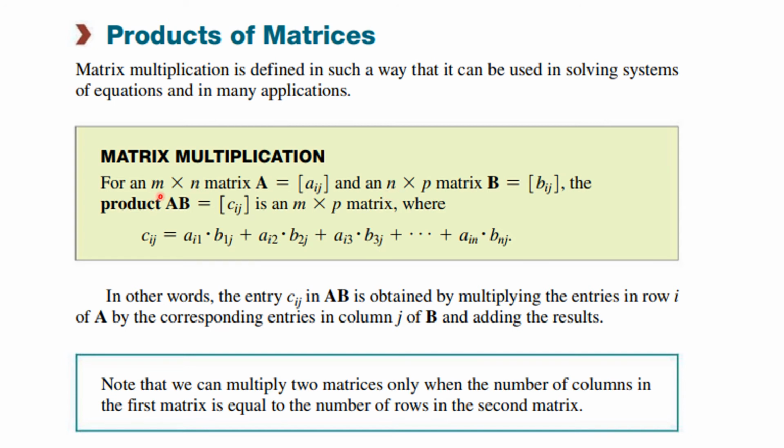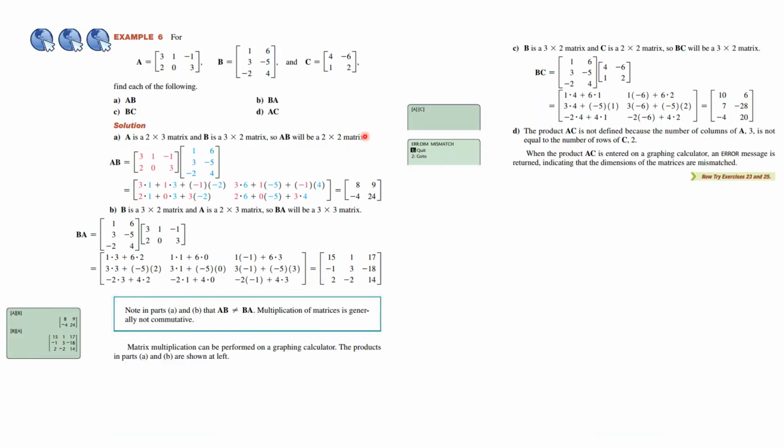When I take an M by N matrix times an N by P matrix, I get an M by P. So it's the number of rows of the first one and the number of columns of the second one. We can only multiply matrices whenever the number of columns in the first matches the number of rows in the second. So here are some examples for these products.